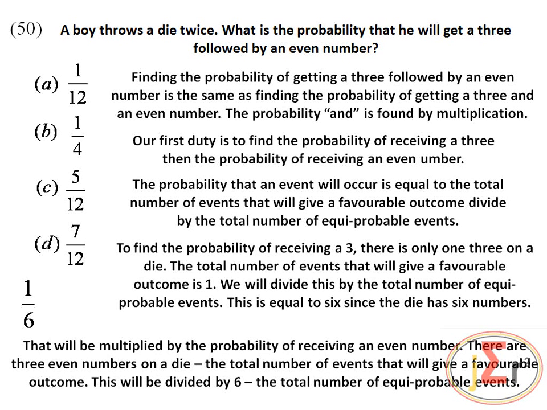This will be divided by 6, and 6 we know to be the total number of equiprobable events. So 3 out of 6, 3 over 6.